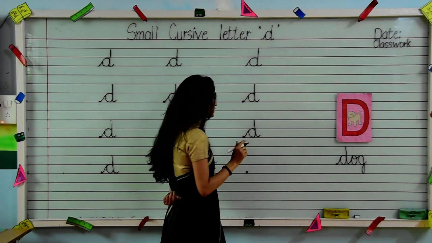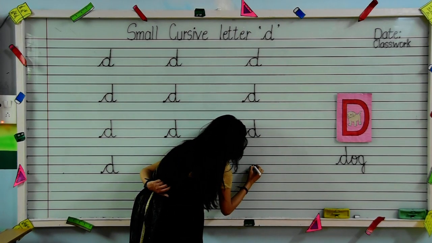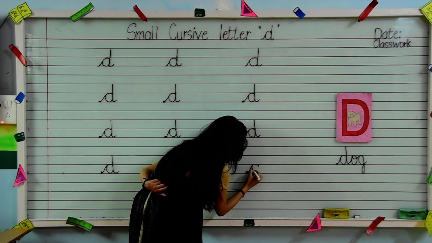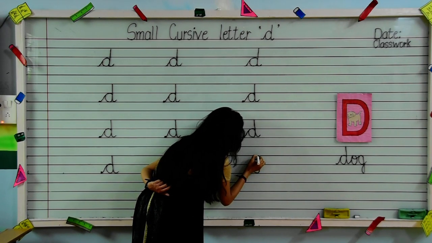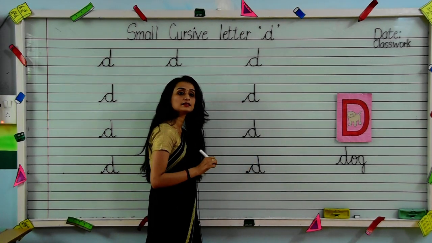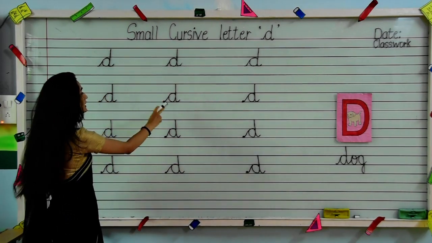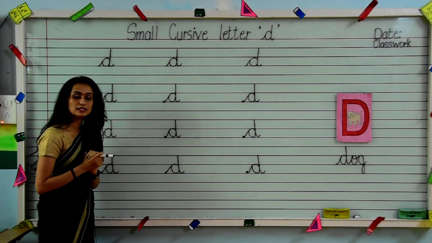Pay attention and look over here. Slanting line up, make a curve, come back, make a circle, go up straight till the first line, come down, make a standing line and a tail like this. So kids, on a single dot you have to make small cursive letter D this way.